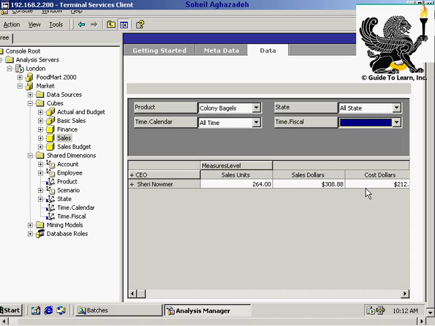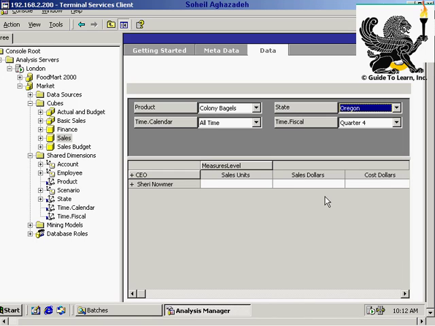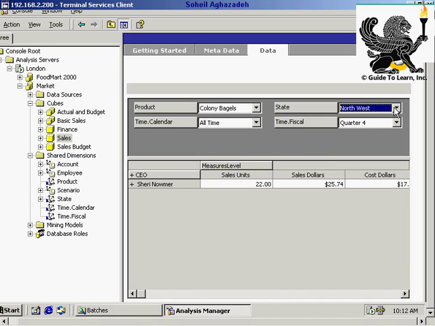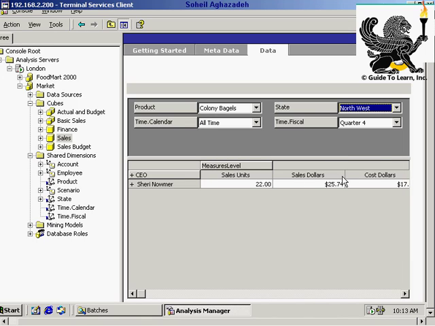For the sake of discussion, you can see Colony bagels at all time on the fourth quarter of fiscal time, and all the states have been, for example, 25.74. And if I go and only show it for Northwest Oregon, there is no sale for them. For California, there is no sale for them. Northwest, they have some information in there as a total, as you see, but you don't have any specific value for quarter 4.